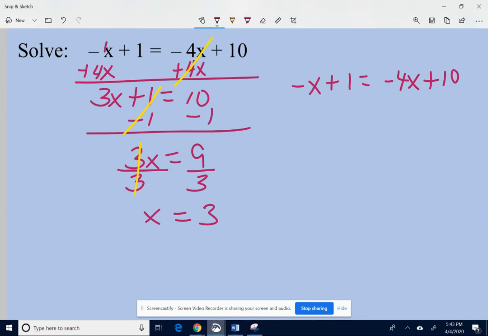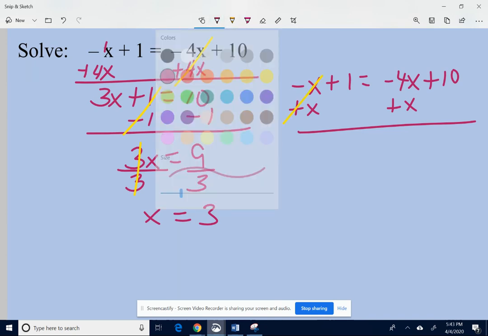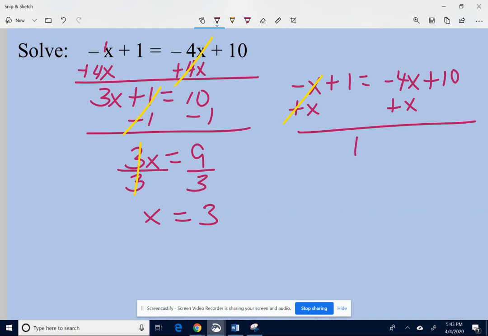So if I wanted to get rid of the subtracted x, I would add x. Okay, that would leave me with 1 equals, okay, negative 4x plus 1x, it's understood to be 1x, would be negative 3x plus 10.